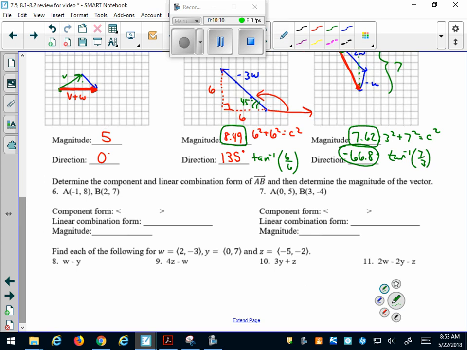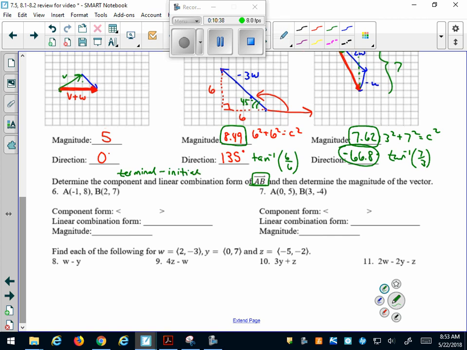Now there's going to be sort of the calculation section of this. Determine the component and linear combination form of vector AB. Notice vector AB shows us that it starts at A and ends at B, so the terminal point is B. So when we find the component form using the initial and terminal points, we want to make sure we're doing terminal minus initial.